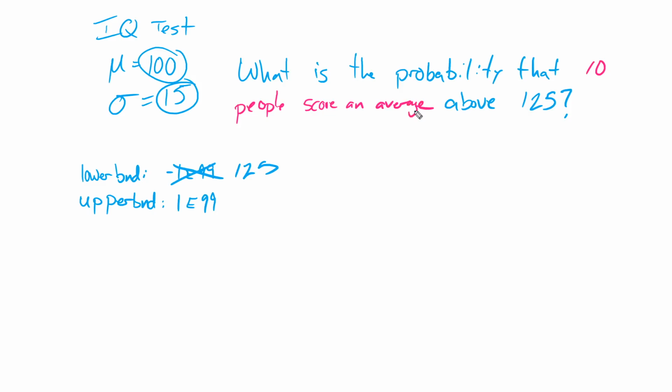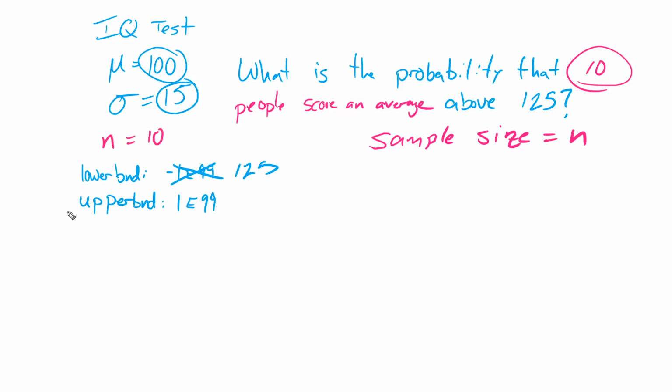That's the difference. If you've noticed the major change here, they're introducing a new variable, and that new variable is sample size. The symbol for sample size is n, so n is equal to 10.